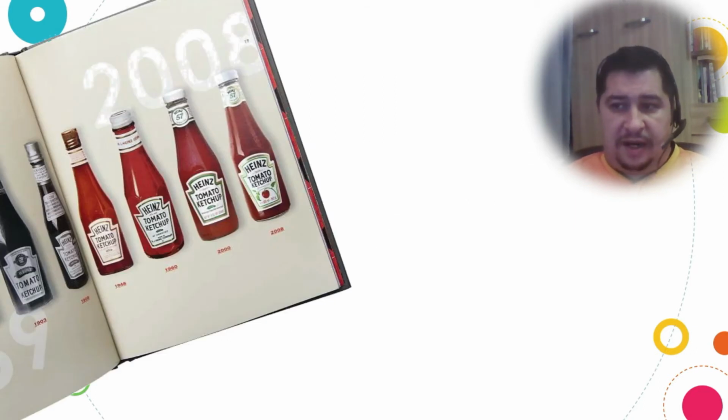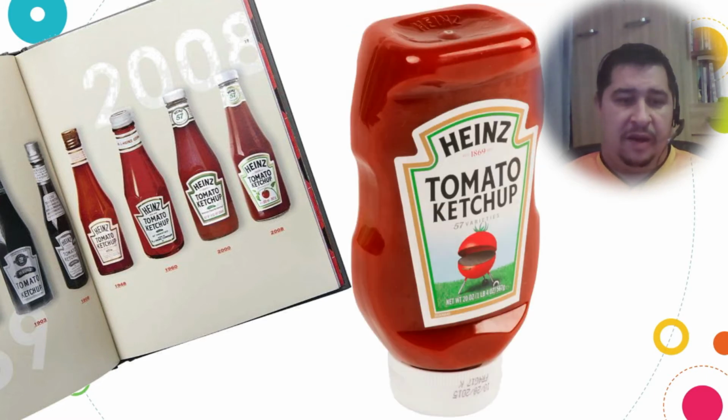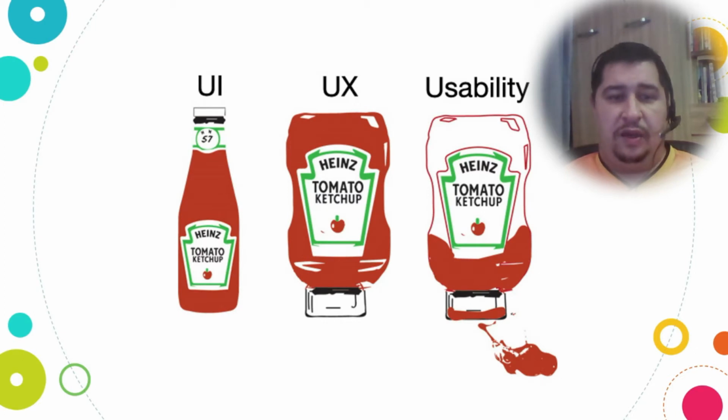So let's start with the ketchup explanations and Heinz. Heinz have been producing ketchup and changing the design of their bottles, which is a great illustration of how they reached today's design, and also a very good example to make the difference between what is UI, user interface, UX, user experience, and usability.